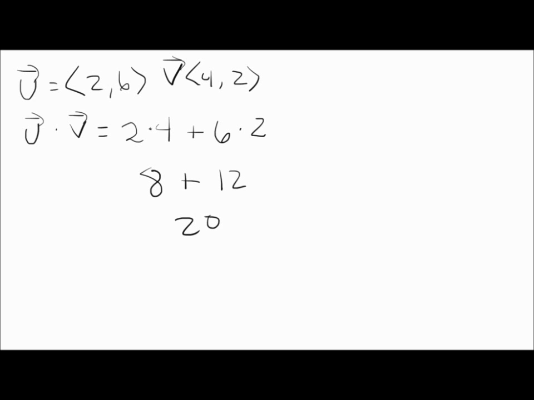Now let's do one that's in vector component form, since we know that there's two ways of writing vectors. So let's rename vector u to be 3i plus 2j. And then let's say vector v is 6i minus 12j.